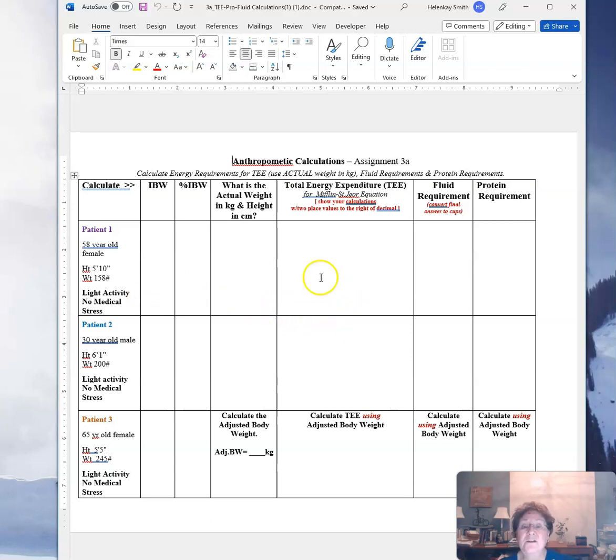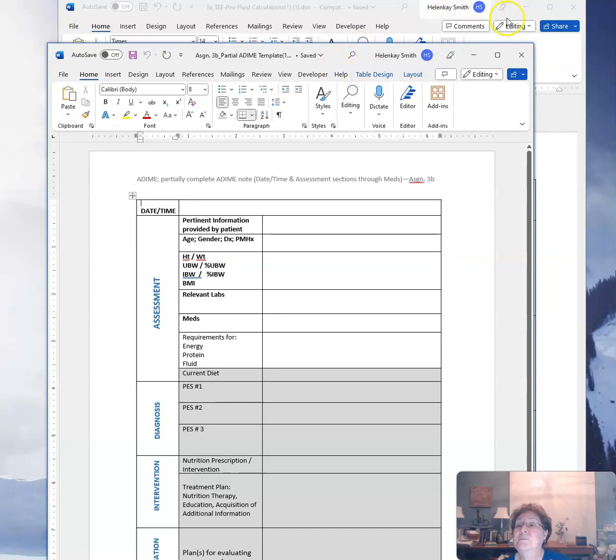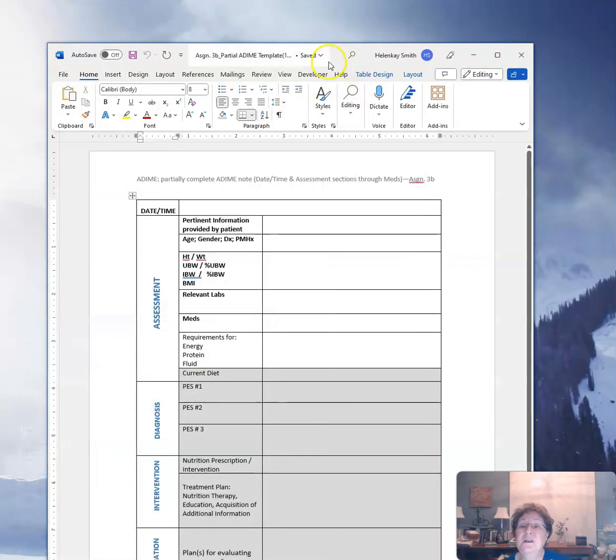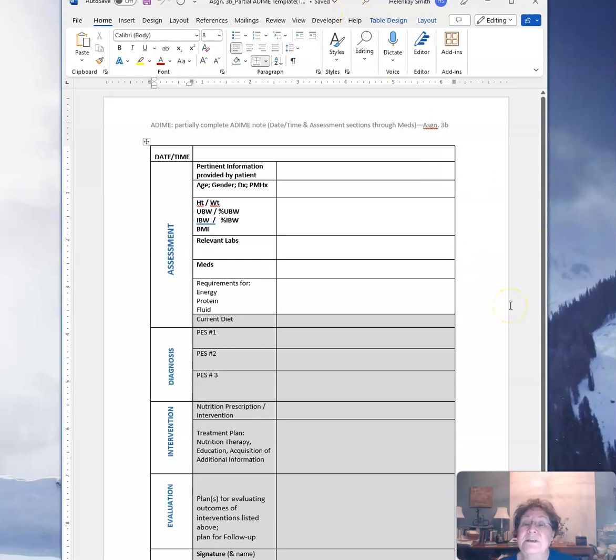All right, let's see. Then let's take a look at assignment 3B. And we're back to using a partial A-dime template again. So if you recall, last week's MindTap assignment was about Mr. Woods, a 74-year-old caregiver with weight loss.